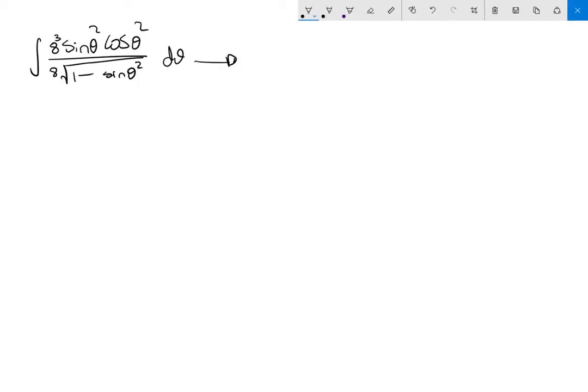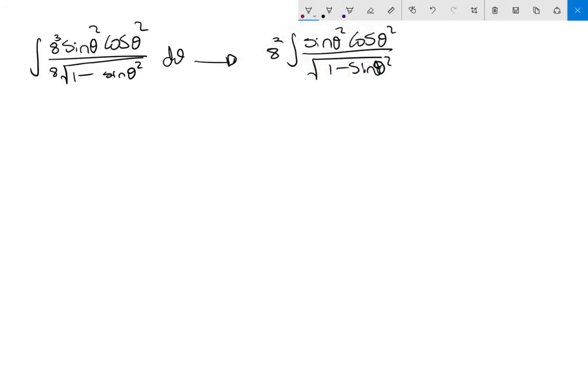Writing this down, this will become 8 squared, because 8 cubed divided by 8 becomes 8 squared, sine theta squared cos theta, and then the square root of 1 minus sine theta squared. Now guys, I'm just going step by step so you understand where I'm coming from.